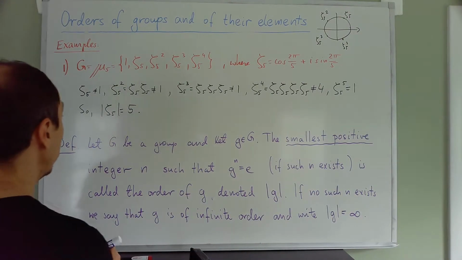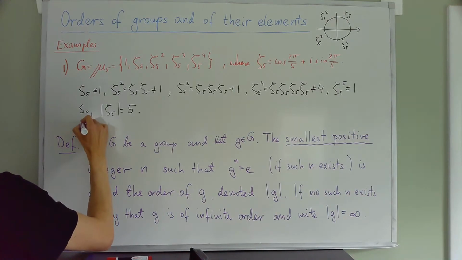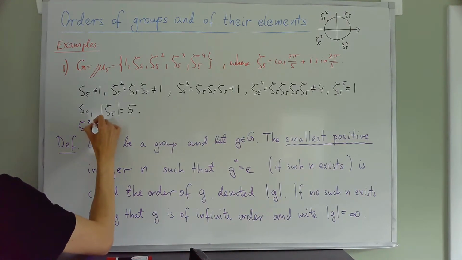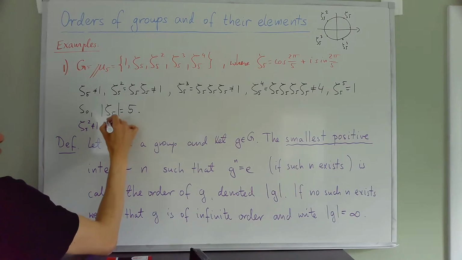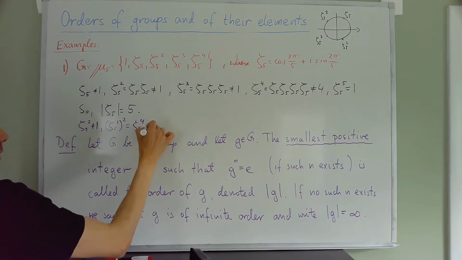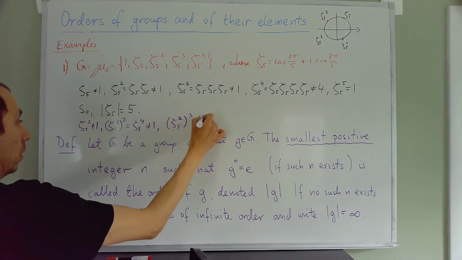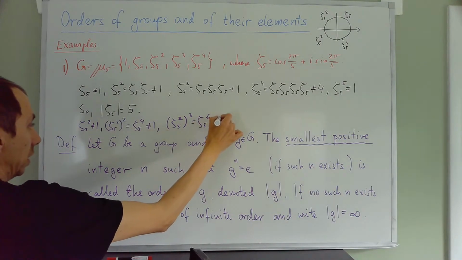Let's try some other element. Zeta 5 squared, which isn't 1. Zeta 5 squared squared, that's zeta 5 to the 4th. That's also not 1. Zeta 5 squared cubed, that's zeta 5 to the 6th, which is zeta 5.